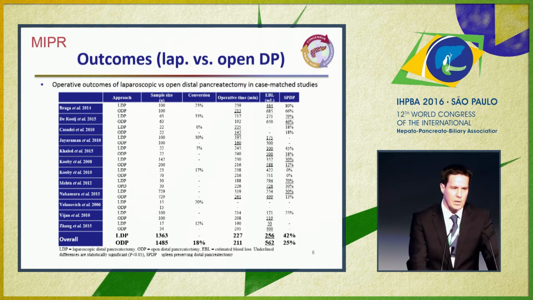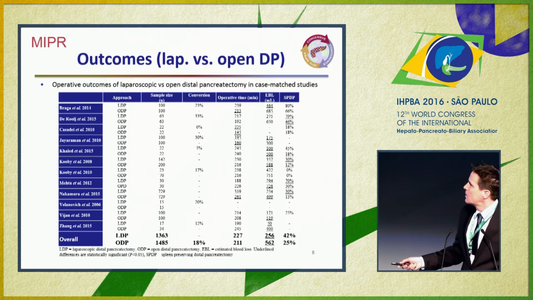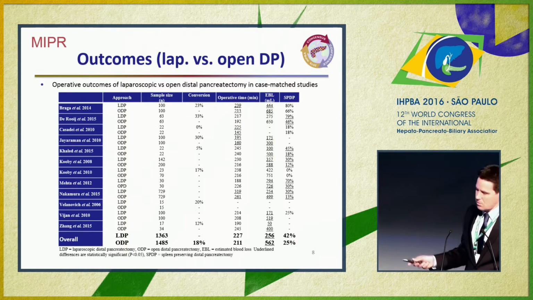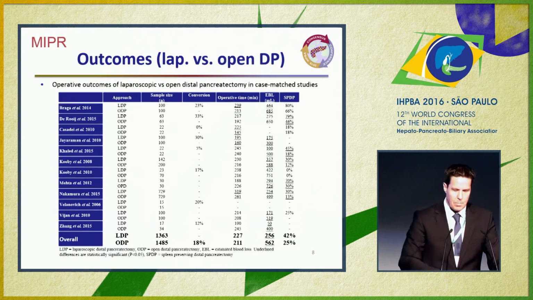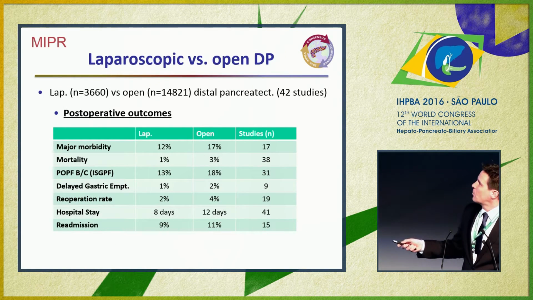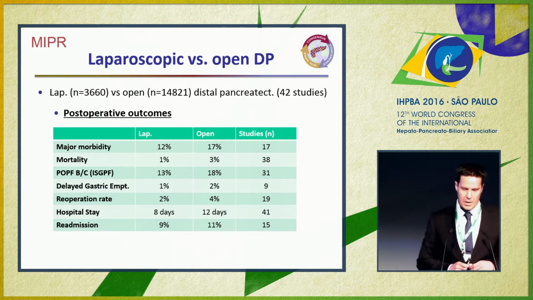As you can see here, these 3,000 patients matched very well with those of the cohort studies. Conversion rate was slightly higher with 18%, but operation time again almost 4 hours and half of the blood loss in the laparoscopic group. So back to the cohort studies, we are still in the comparison of laparoscopic versus open distal pancreatectomy.